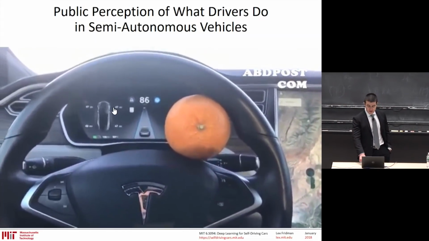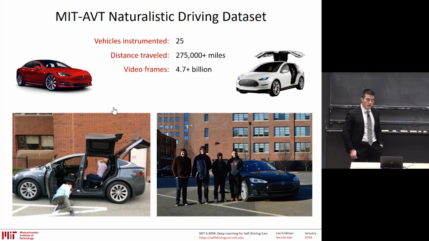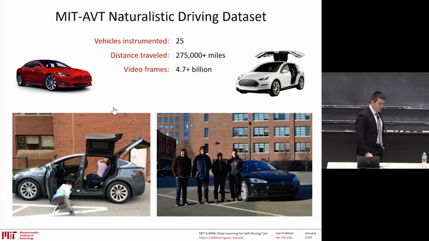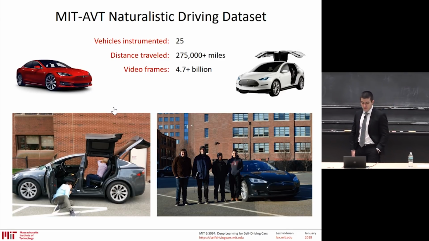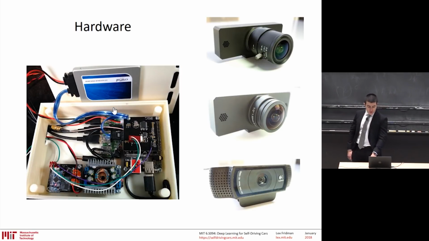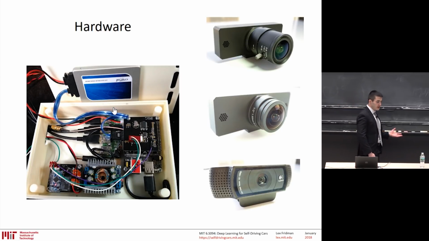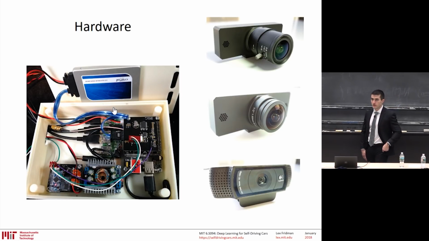Teaching cars to perceive the human being. And it all starts with data. It's all about data, as I mentioned. Data is everything in these real-world systems. With the MIT naturalistic driving data set of 25 vehicles, of which 21 are equipped with Tesla Autopilot, we instrument them. This is what we do with the data collection. Two cameras on the driver. We'll see the cameras on the face, capturing high-definition video of the face.